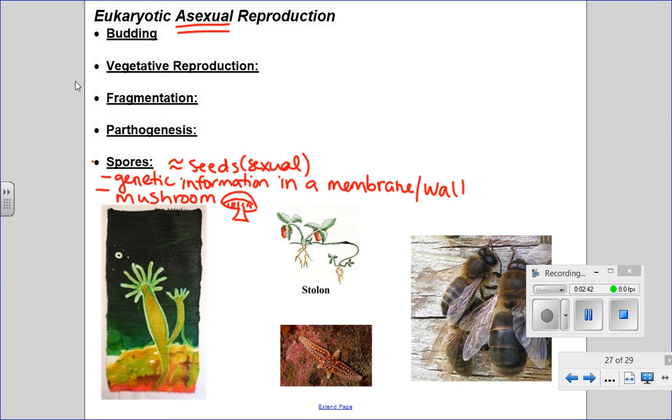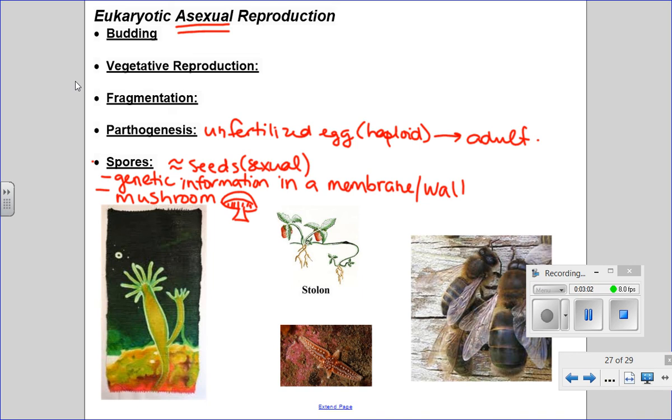Yes. You bet. So parthenogenesis is when an unfertilized egg, so one that is haploid, develops into an adult.